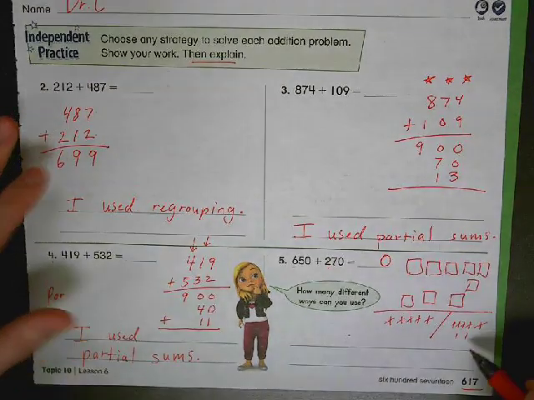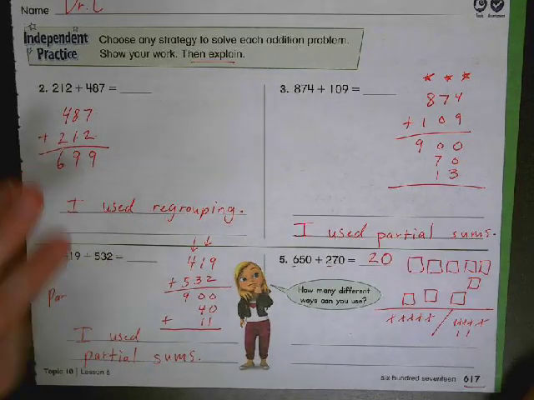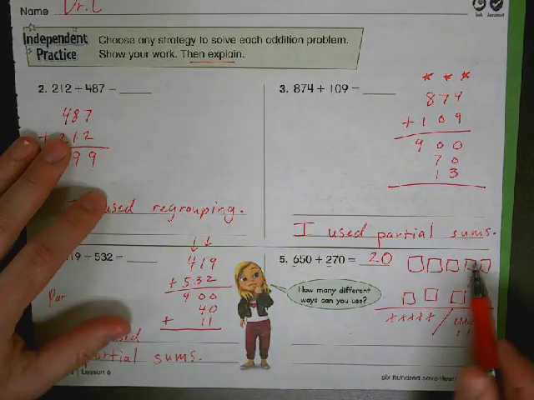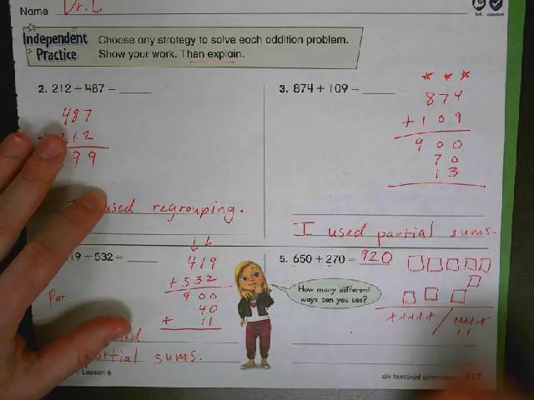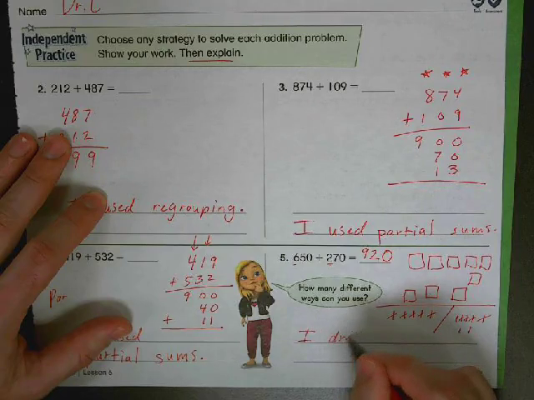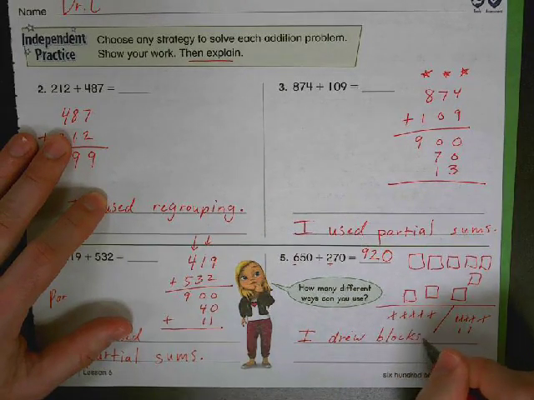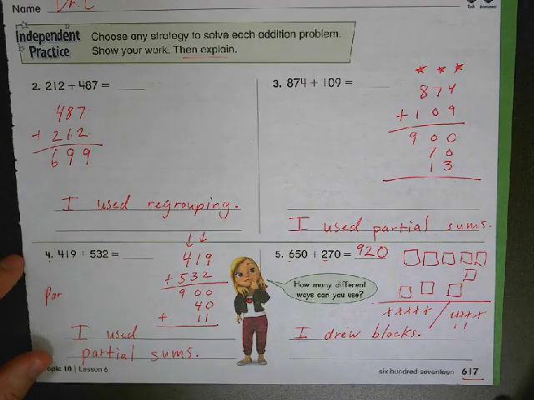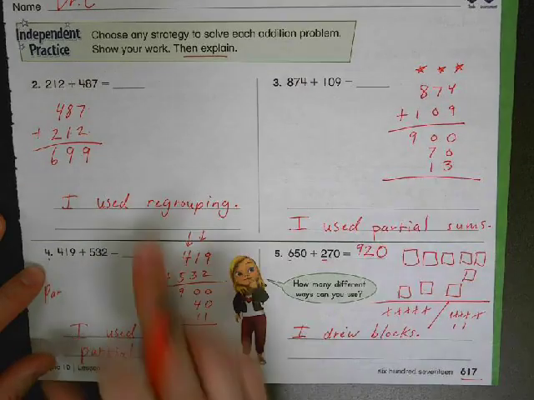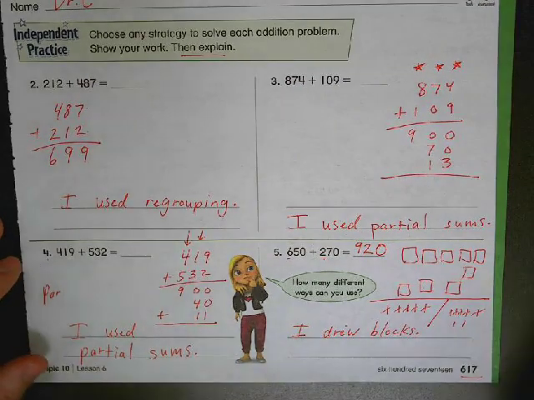So how many tens do I have left? 2 tens. And last but not least, I have 1, 2, 3, 4, 5, 6, 7, 8, 9 hundreds. So I drew blocks. So regrouping, partial sums, blocks. You could have done an open number line, or you could have just used mental math.